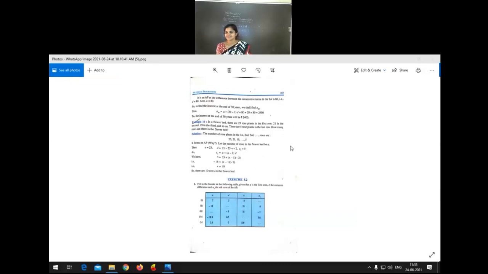Okay, so today's homework is the second exercise. I'll send the photocopy of that second exercise to your WhatsApp group after the class. First, write the example problems in your fair notebook. Then write the second exercise, related to the nth term of an AP.